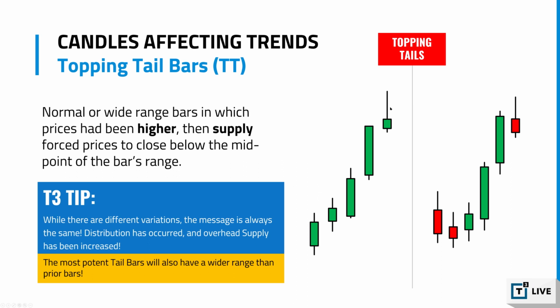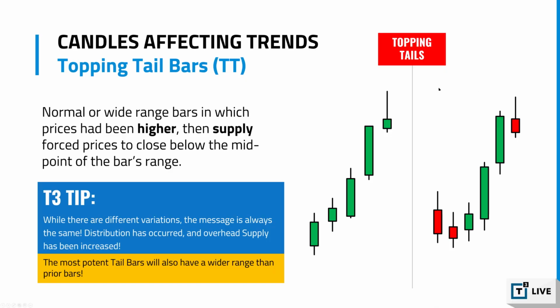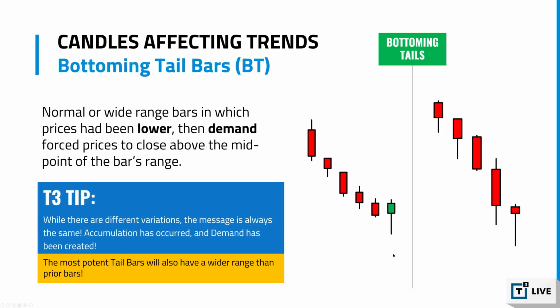Then we talk about wide range bars. Wide range bars that form after a period of sideways action ignite. They start the trend in that direction. So you don't want to be betting against them. You want to be actually going with them. If the wide range bar happens to form after a period of selling, that signals the end of the move, exhaustion. Does that make sense?